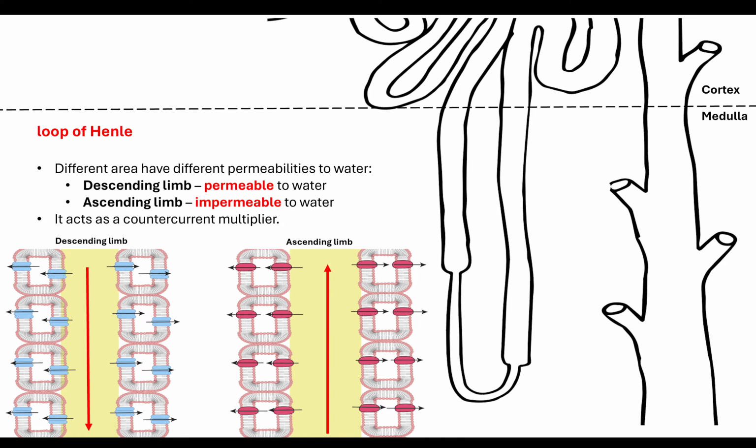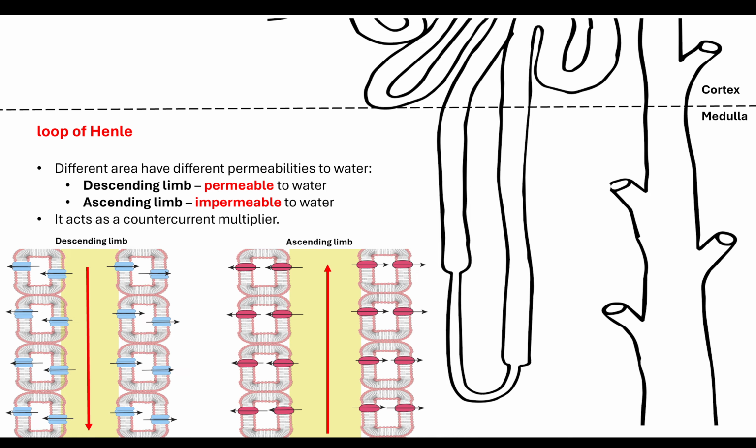As the nephric filtrate makes its way down the descending limb, it becomes hypertonic. As you get to that hairpin bit at the bottom, it's losing water as it goes down the descending limb. Therefore, it is becoming more concentrated inside the kidney nephron.